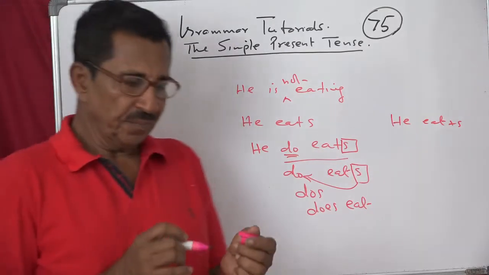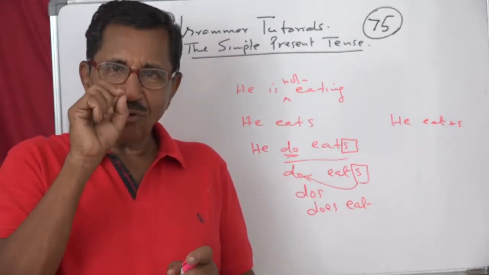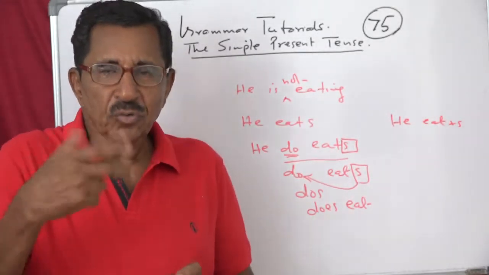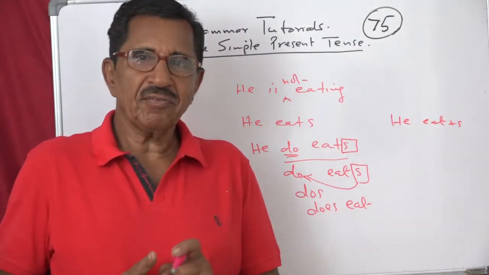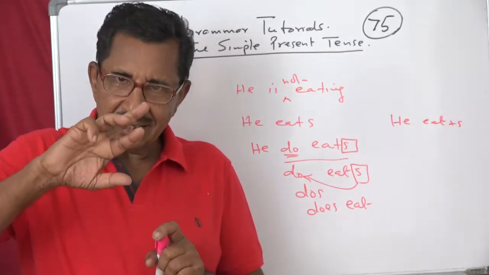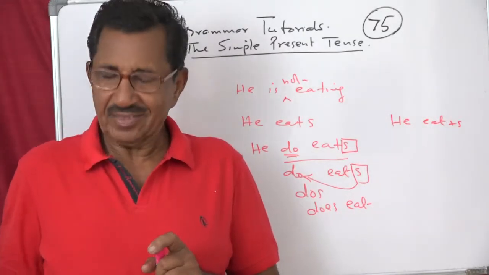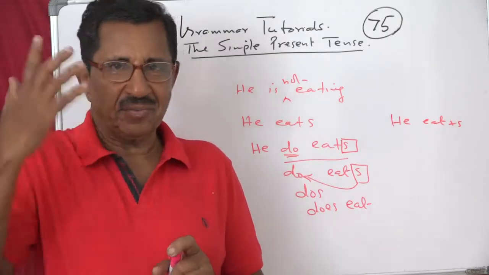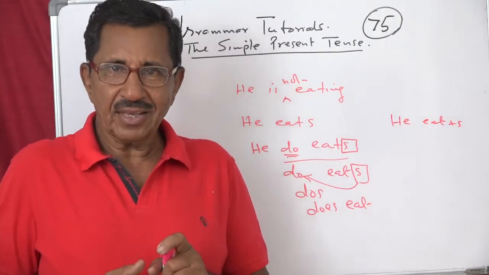This is how you make the one member verb into a two member verb. With a one member verb you cannot add not. You have to make it a two member verb or two member verb phrase. When there are more than one member, what will happen?